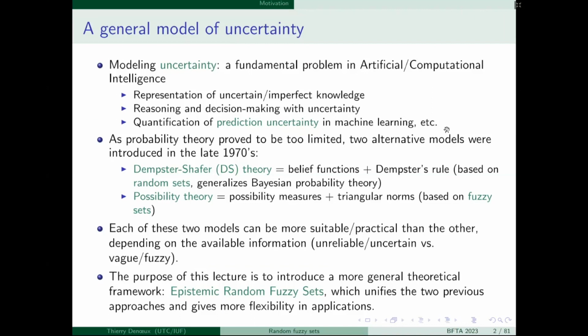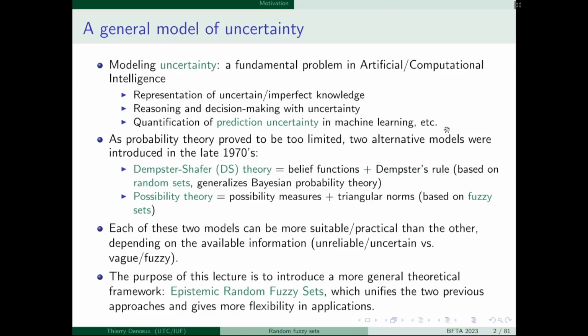Each of these two models can be more suitable or more practical than the other, depending on the available information. For instance, if you have information that is inherently vague or fuzzy, possibility theory is very useful. If you also have some probabilistic uncertainty involved, then you cannot have only possibility theory, but Dempster-Shafer theory can be used.